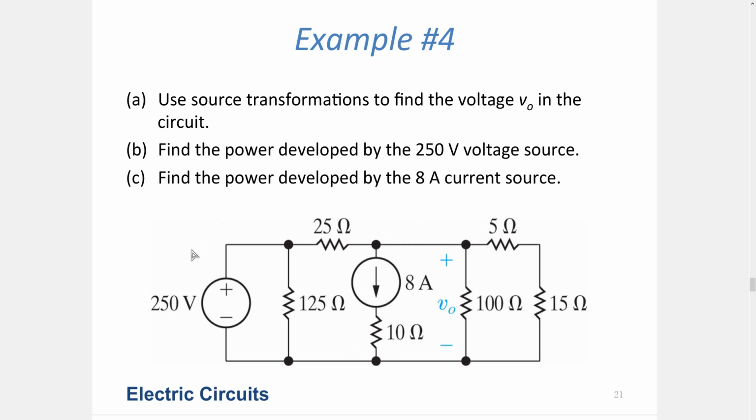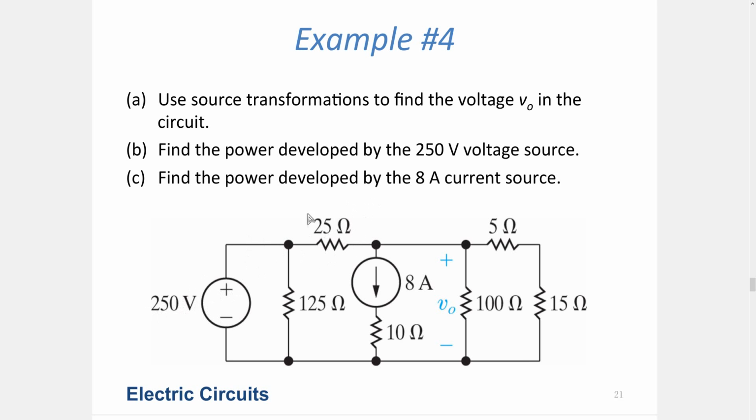When I'm going to do some source transformation, the resistor that's connected in parallel with the voltage source, or the resistor that's in series with the current source, doesn't affect my conversion. So I can make the conversion using the 25 ohm and 250 volts.